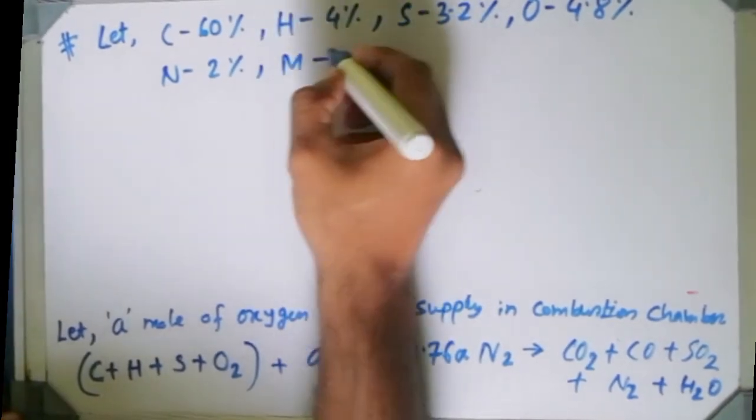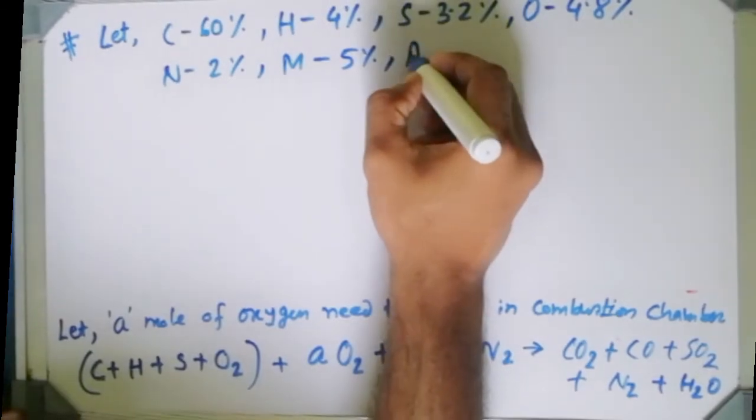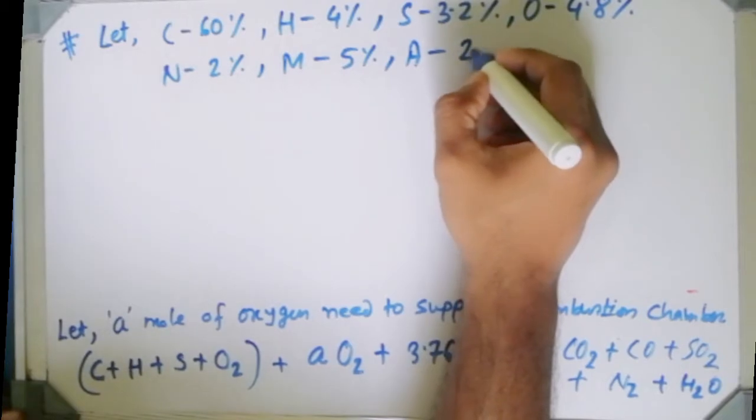Mind it, M stands for moisture and A stands for ash. They are not a symbol of any atom. That is the fuel composition.